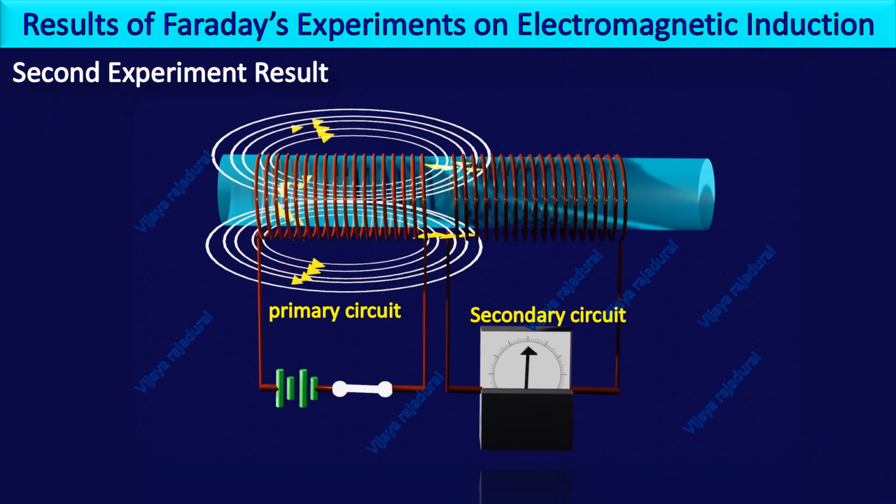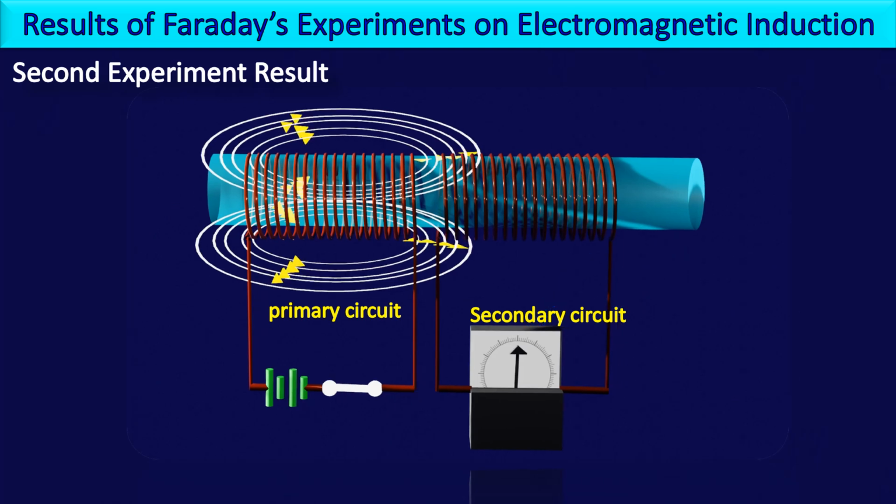So, an EMF is induced in this secondary coil. This induced EMF will produce a transient electric current in the secondary coil so that the galvanometer shows momentary deflection towards the right side.